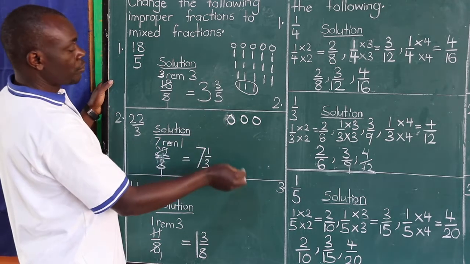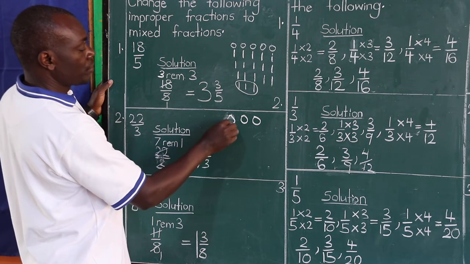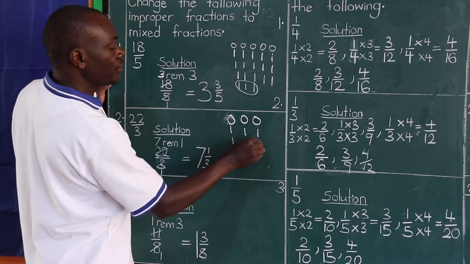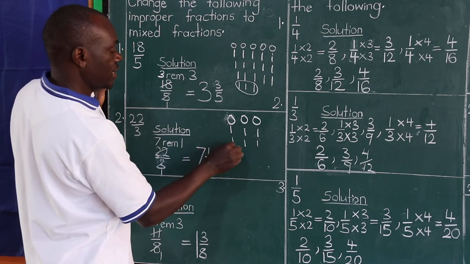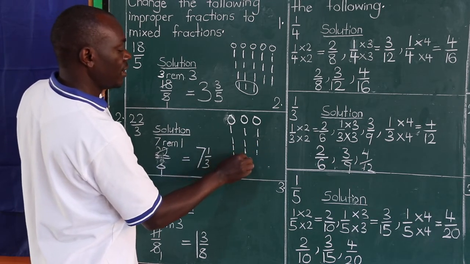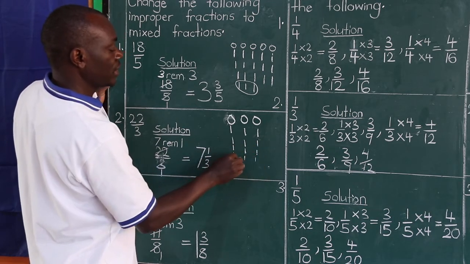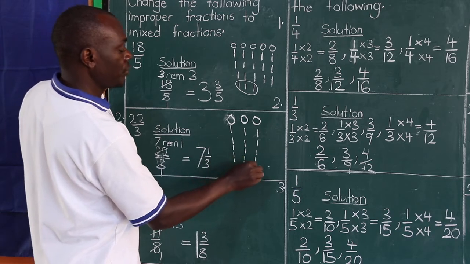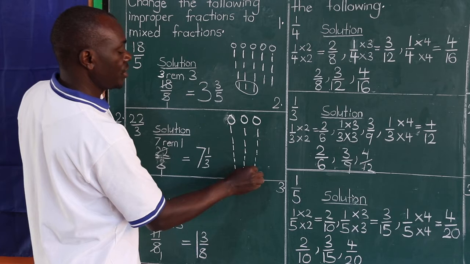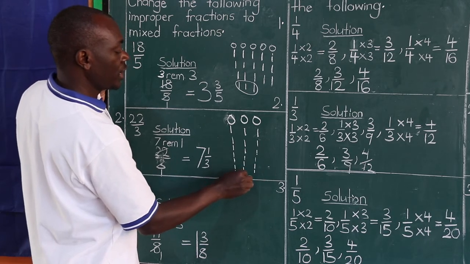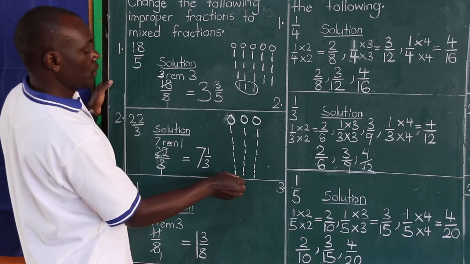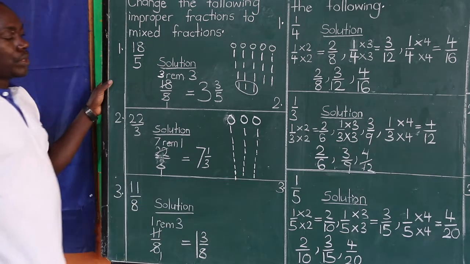So we count up to 22: 1, 2, 3, 4, 5, 6, 7, 8, 9, 10, 11, 12, 13, 14, 15, 16, 17, 18, 19, 20, 21, then 22.